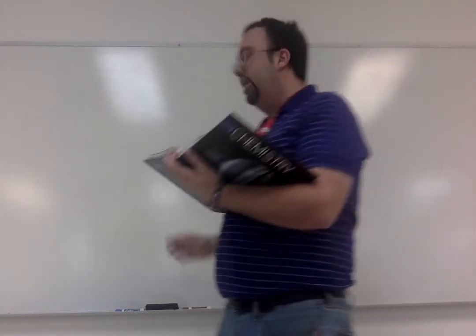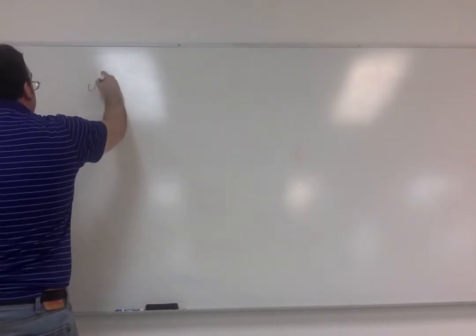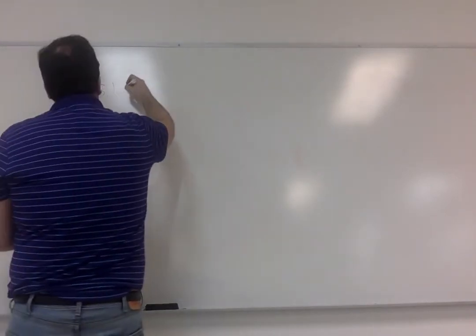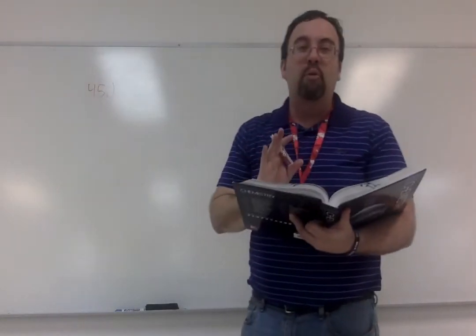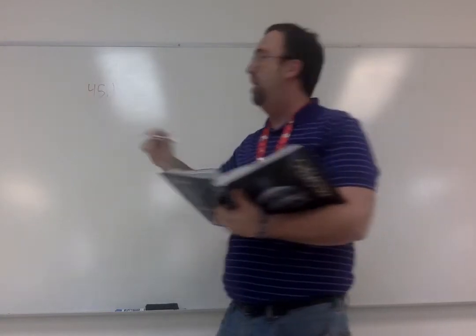Ammonia is our base, HCl is hydrochloric acid. And so let us go ahead and write up the balanced equation. We have ammonia. Ammonia's chemical formula is NH3.